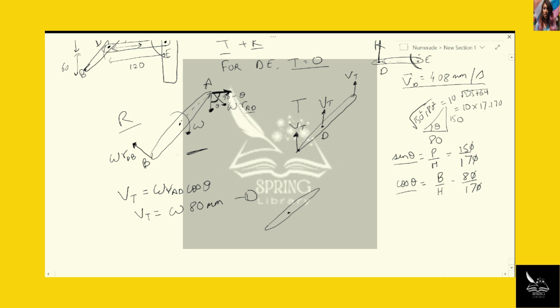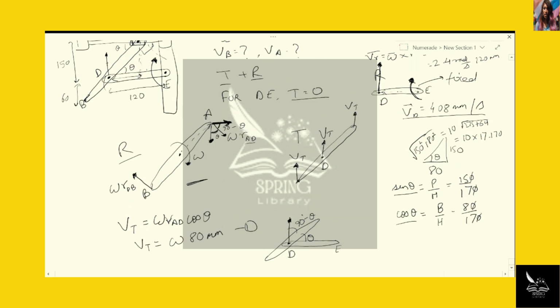So at point D, because this is just for rod AB, we already figured out that because of this rod, the angular velocity is perpendicular to rod DE. So this is going to point vertically like this. So if this was theta, this will be 90 degrees minus theta. And so it's pointing up.